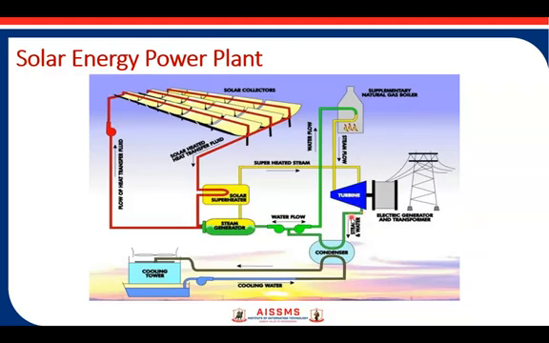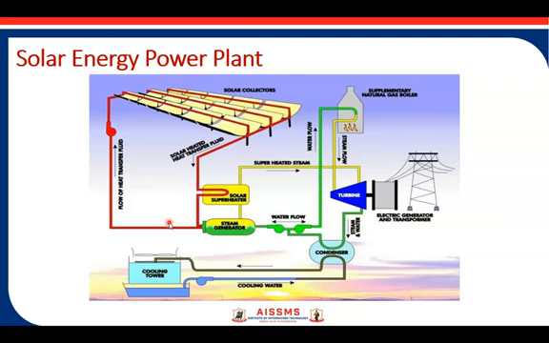The steam coming out of the turbine will be a mixture of steam and water. Here we have the condenser for converting it again into water, and the pumps to circulate it again through the solar collectors.